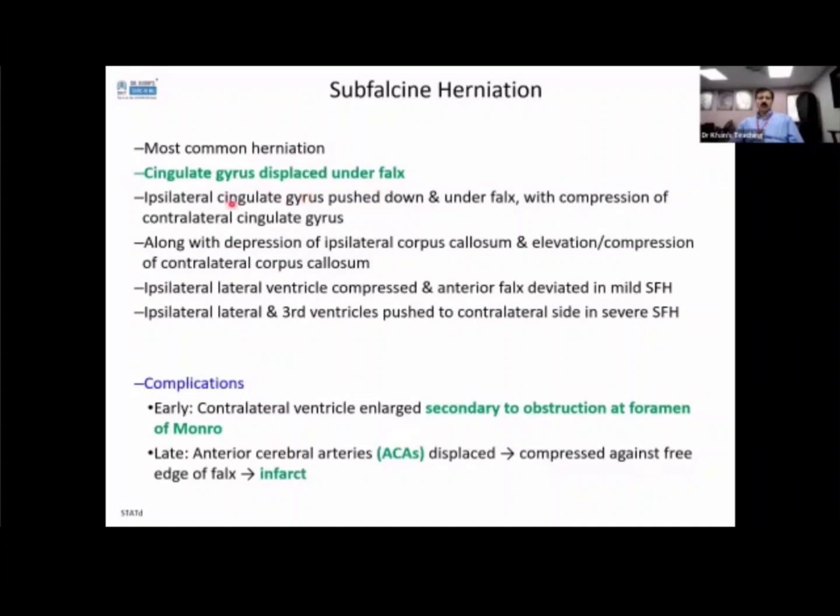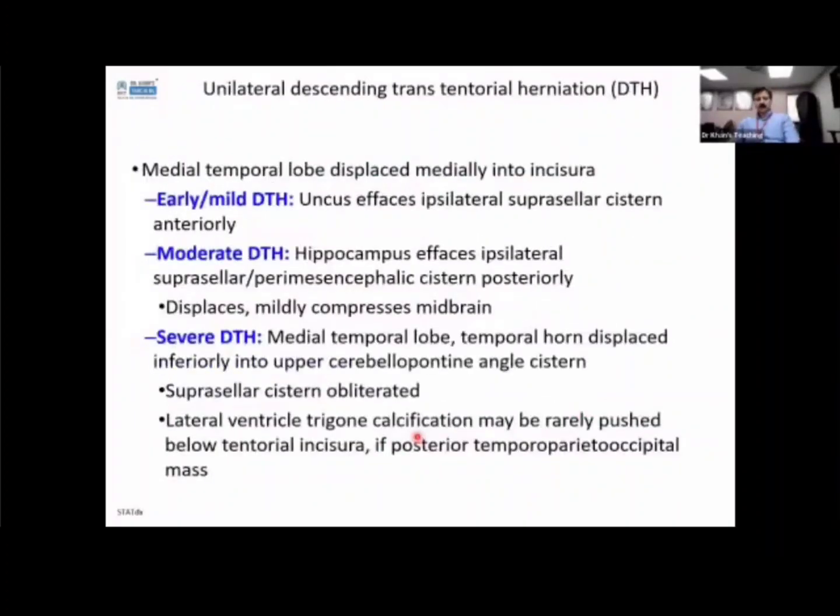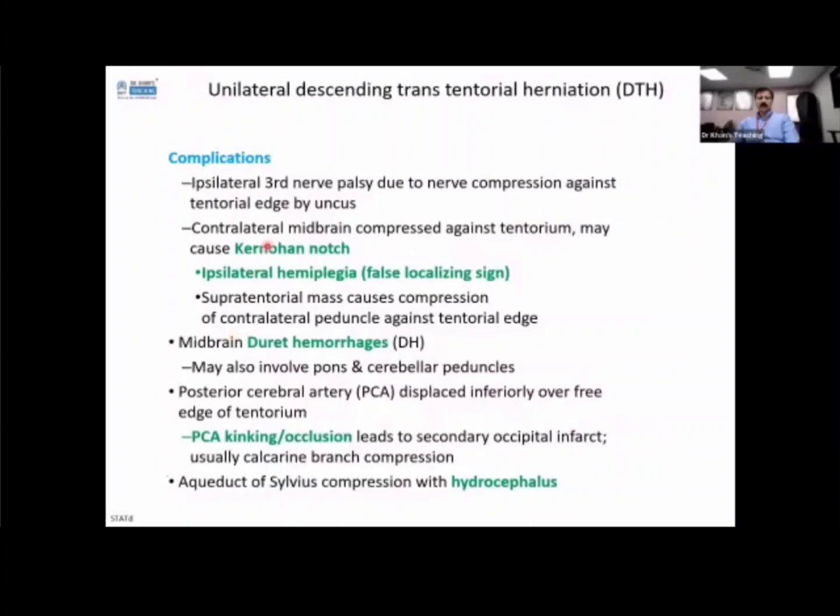So this is the mechanism, and because of this there can be secondary obstruction of the foramen of Monro, and the ACA can be infarcted. As far as descending transtentorial herniation, it can be early, it can be moderate, it can be severe. So here, these complications are important.